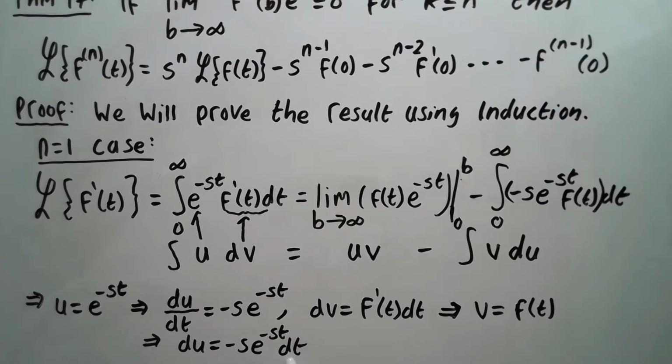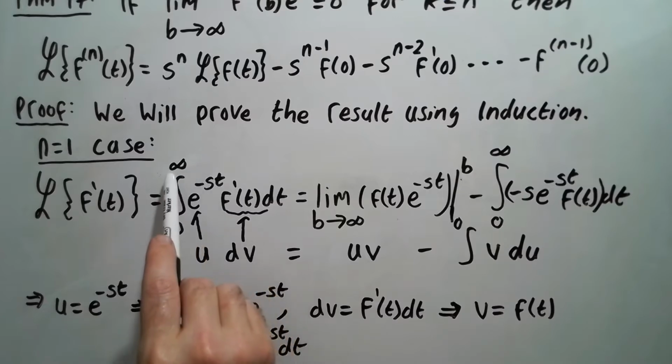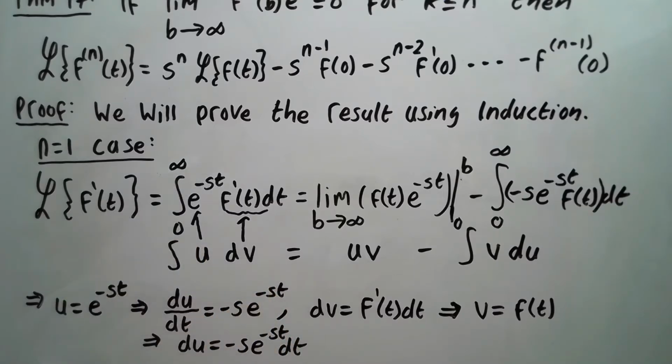Okay, so this integral over here has limits on it, 0 to infinity, so it's actually improper because it has infinity up here. So over here you need to plug in these limits, so this integral should have 0 to infinity on it. And this will have the limit as b goes to infinity, evaluated at 0 and b, which I've done here.